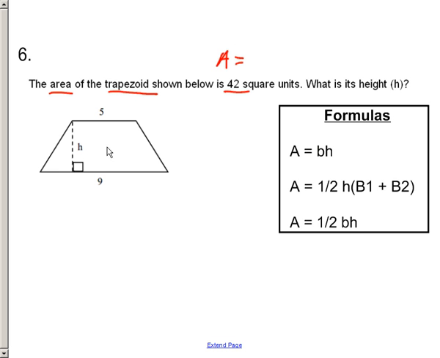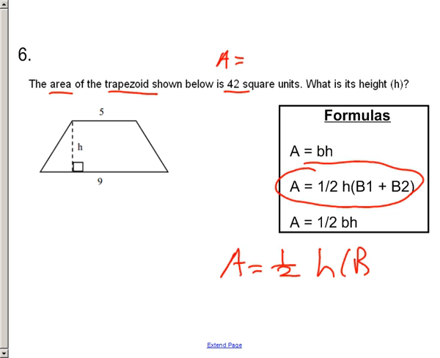So our first step is to decide what formula we need to use. This is a trapezoid, and as we've already talked about earlier, this is our formula for a trapezoid. So I'm going to go ahead and rewrite that myself so I can substitute and solve. Remember what this means: 1/2 of the height times base 1 plus base 2. What I like to do is add my bases, find half the height, and multiply.